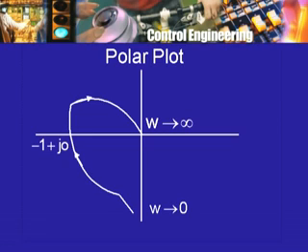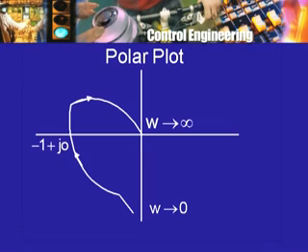Now, of course, this is only a qualitative diagram. I have not calculated anything. I have only thought about the limits, limit as omega tends to 0, limit as omega tends to infinity. So, for example, unless I do some calculations, I cannot figure out the point of intersection of the polar plot with the negative real axis.